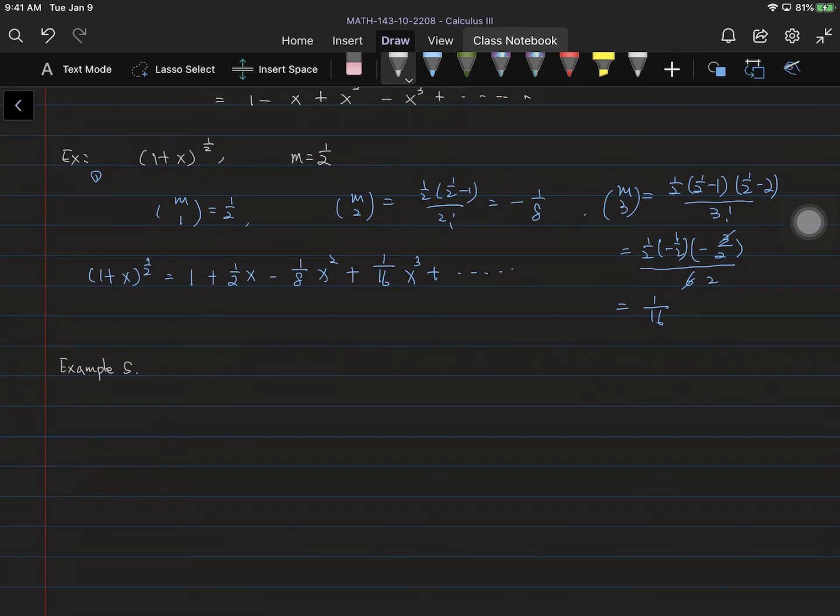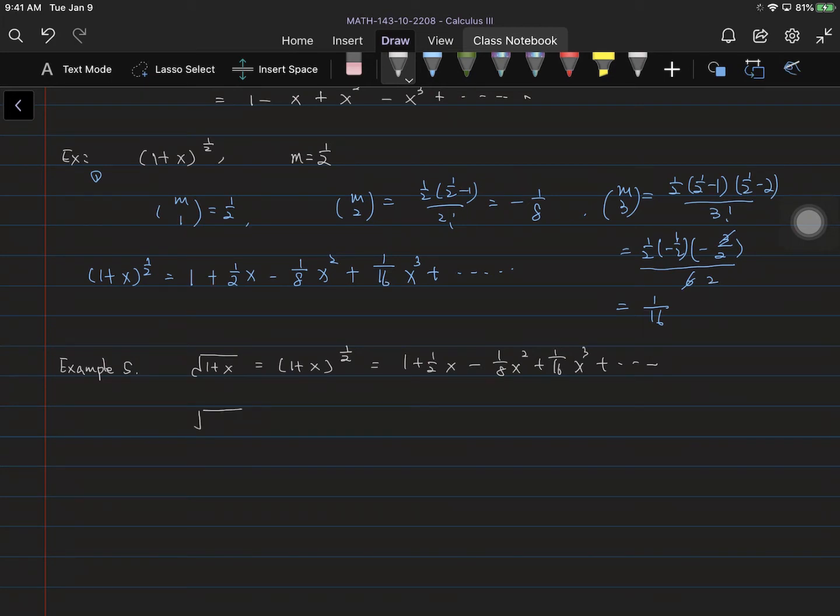Let's take a look at the Taylor series for other functions. Actually, this is a binomial series. We can write this as (1 plus x) to the 1/2 power, right? And we just did that in the exercise problem. So let's write down the binomial series.